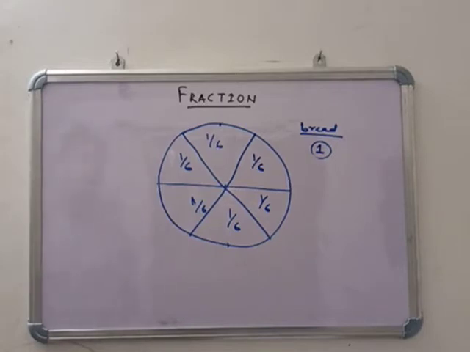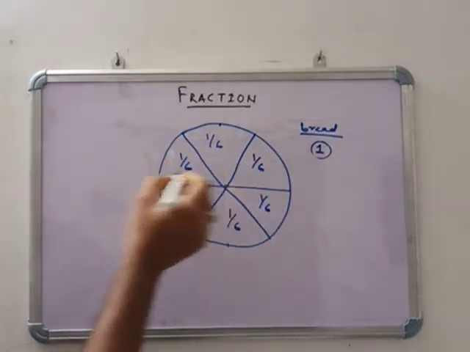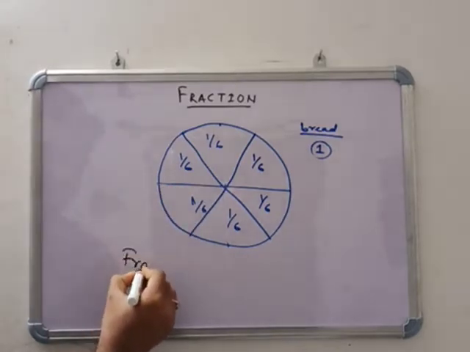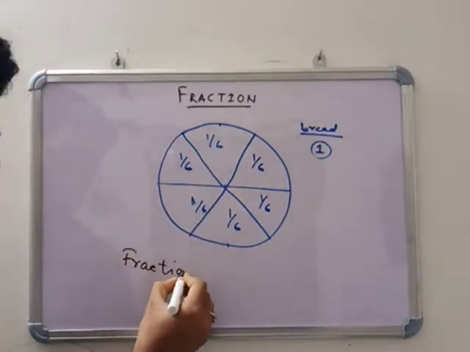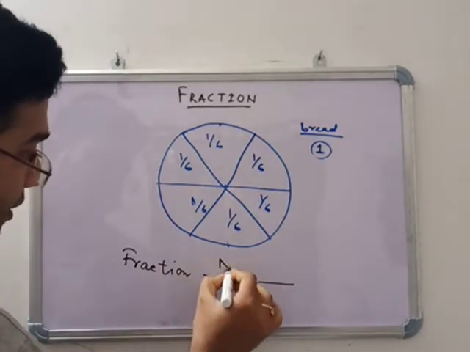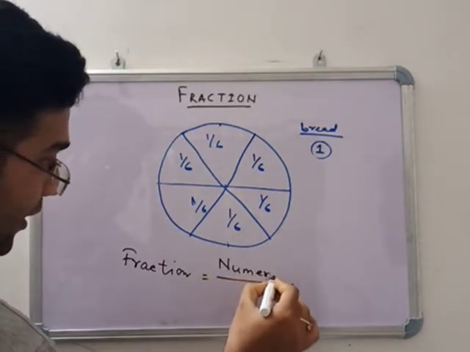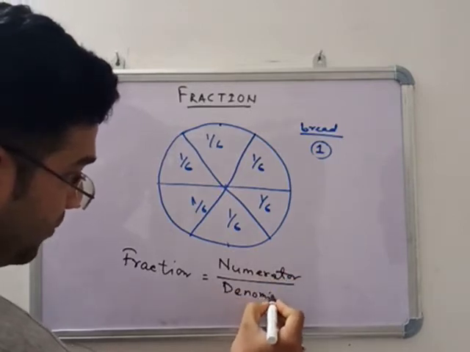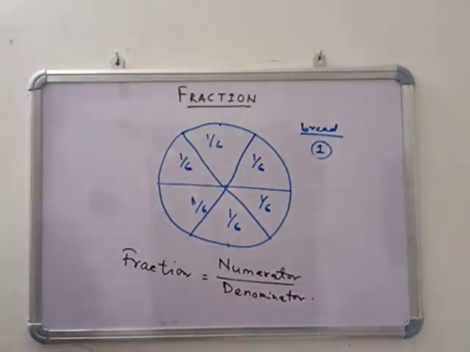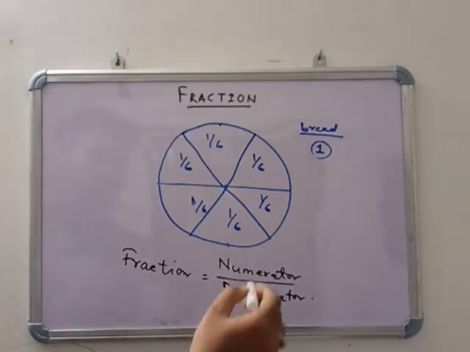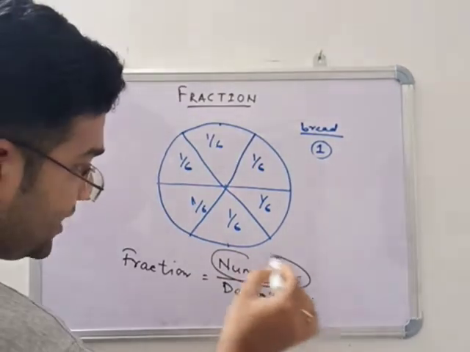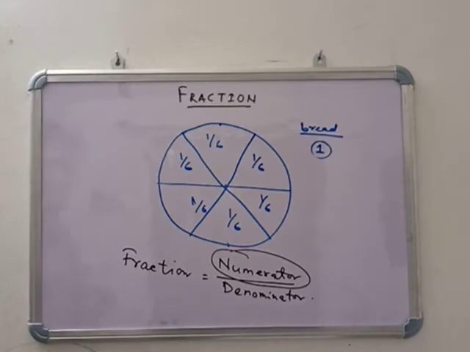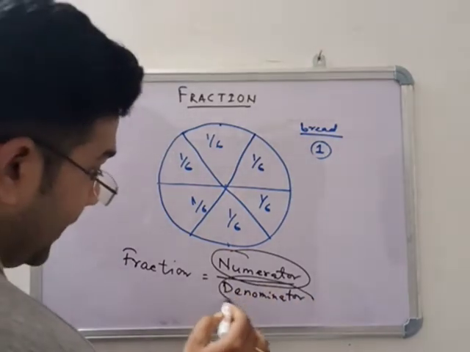In fractions, there are two things. Fraction means numerator by denominator. The upper part of the fraction is called the numerator and the lower part of the fraction is called the denominator.